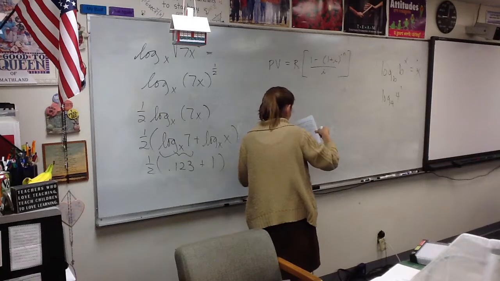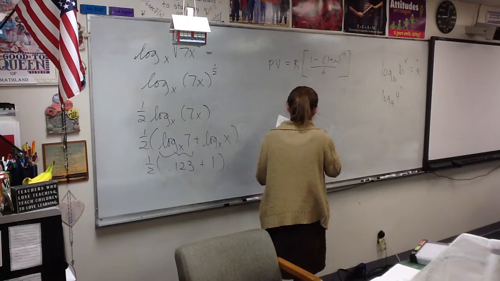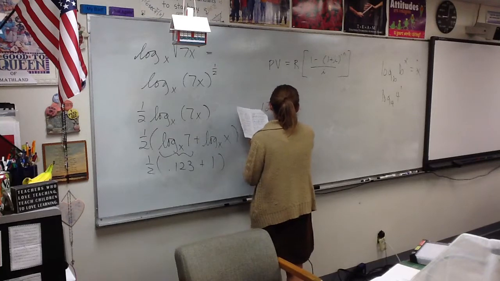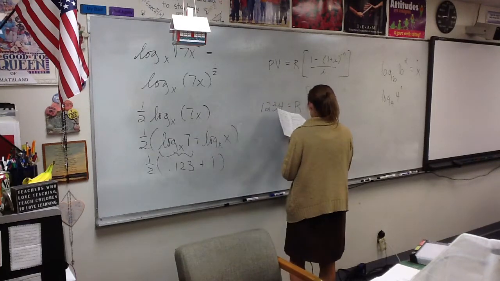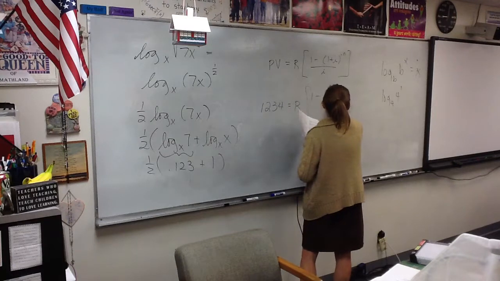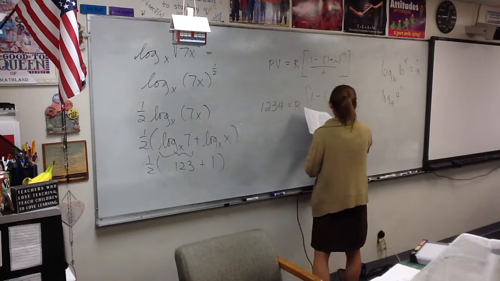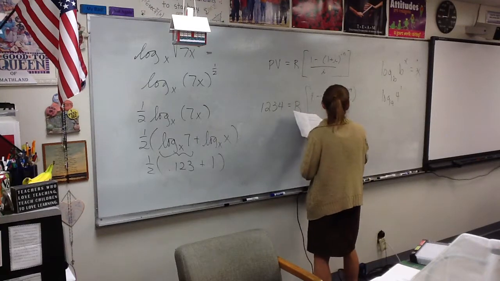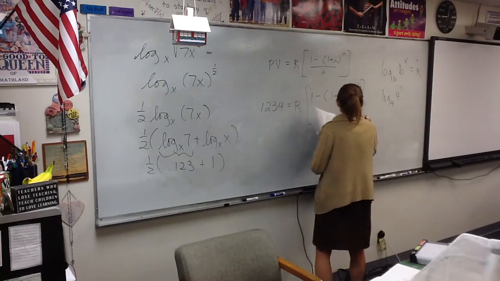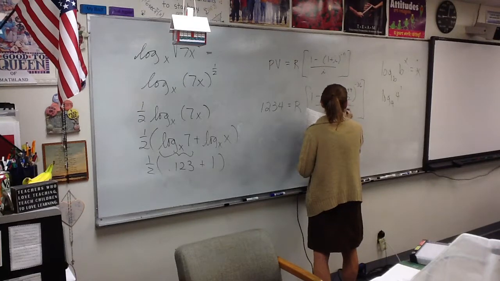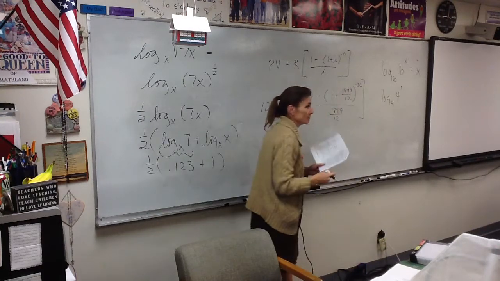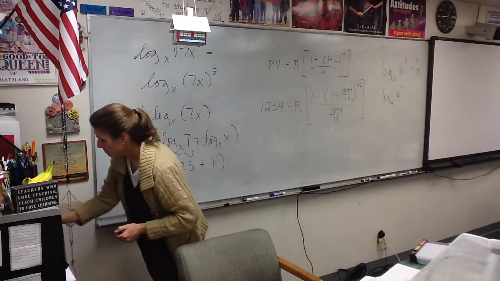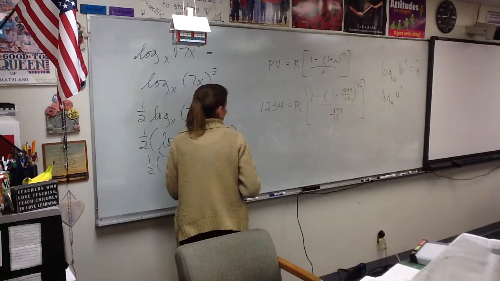Okay, so what did you put where? 1,234 equals R, and then 1 minus 1.1 and then bracket. And then that's to the -36. Yep, and divided by 0.189 divided by 12. Yeah, that's it. I keep getting this weird answer. I got -2.93 times 10 to the -6.